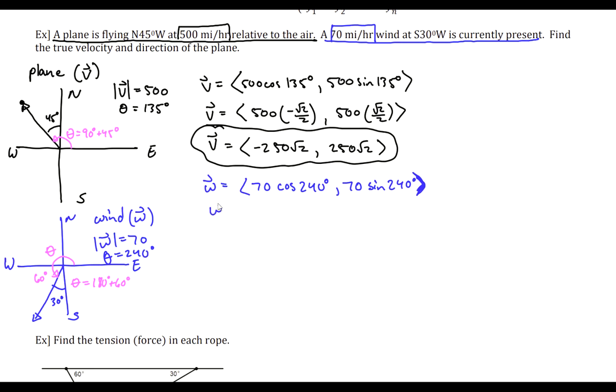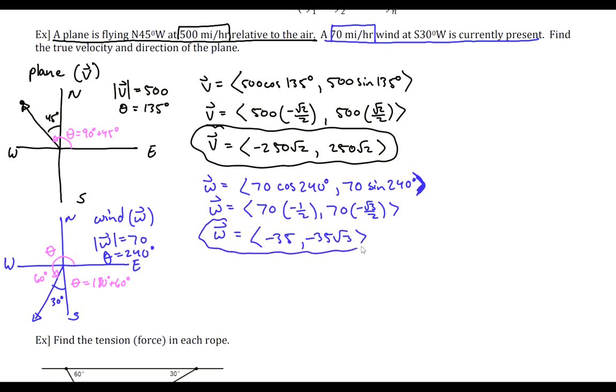Then we'll simplify. 70 cosine of 240, where cosine of 240 is negative 1/2, and 70 sine of 240, where sine of 240 is negative radical 3 over 2. So the wind is negative 35, negative 35 radical 3. There's the wind. I'm going to cloud it. That's also important.